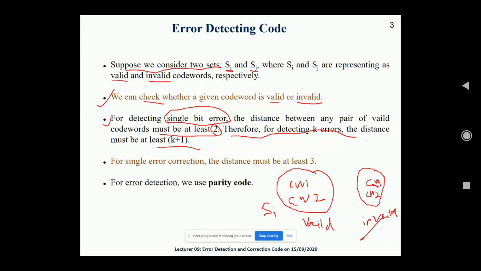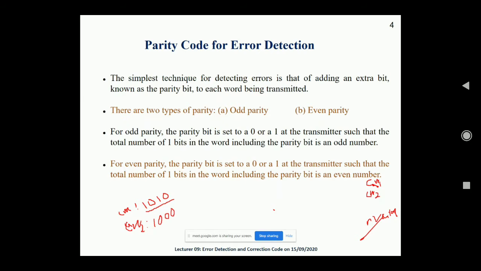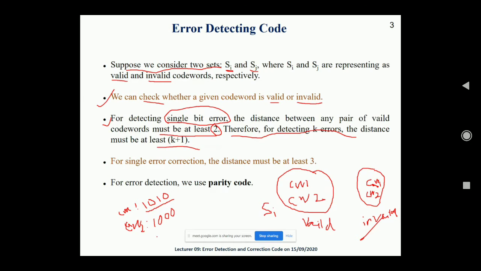Now if we define CW1 as 1, 0, 1, 0, and CW2 as 1, 0, 0, 0, we are using two code words, and the second code word is 1000.